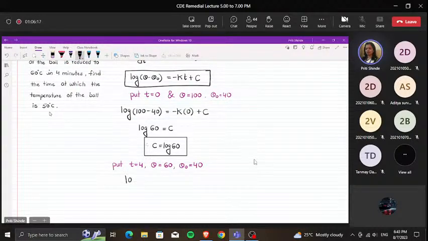So log of (60 minus 40), minus 4k, k is a constant, and your value of c is log of 60.